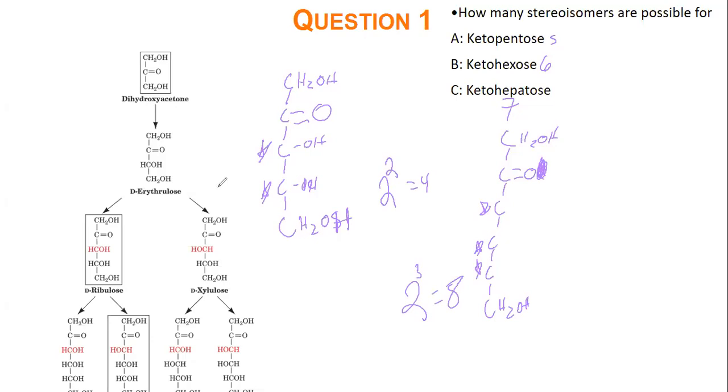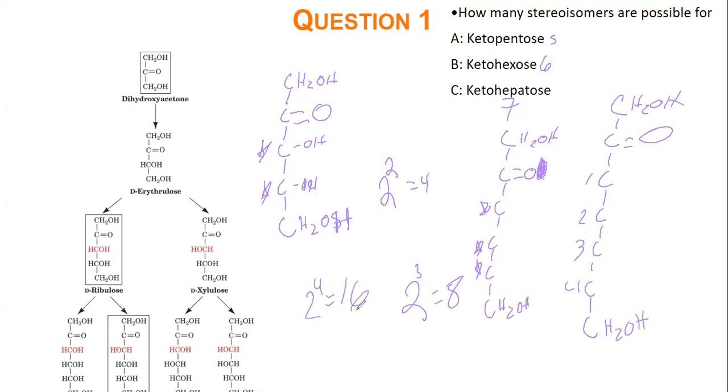And a heptose, 1, 2, 3, 4, 5, 6, 7. Keto, so it's right there. CH2OH, CH2OH. 1, 2, 3, 4. 2 raised to the power 4, which is better known as 16. So it's 4, 8, 16. And you can follow, so if we added one more, a ketooctose would be 32. Nonose, which don't exist, would be 64, and so on and so forth.